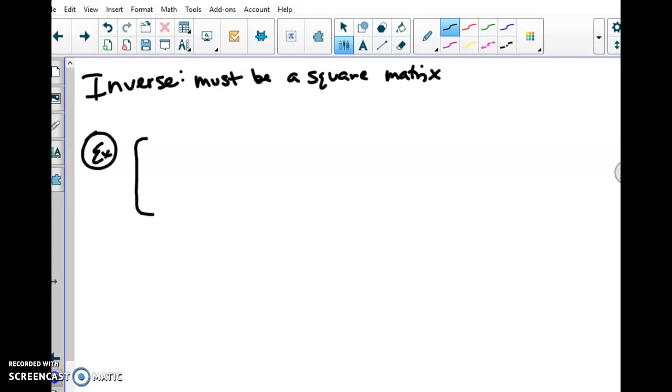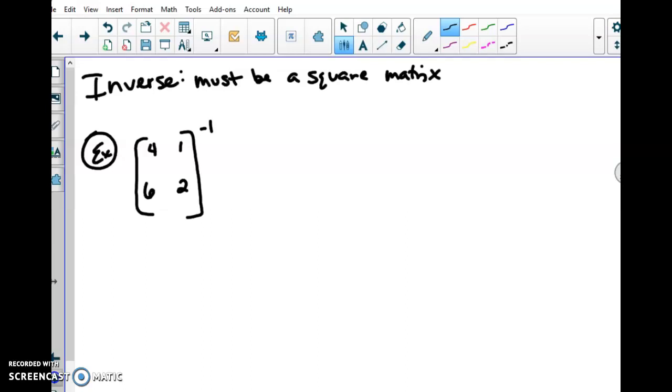So let's say that we have 4, 2 and 6, negative 1. Actually, let's go with a positive 1. So whenever we're looking for an inverse, it's to the power of negative 1.